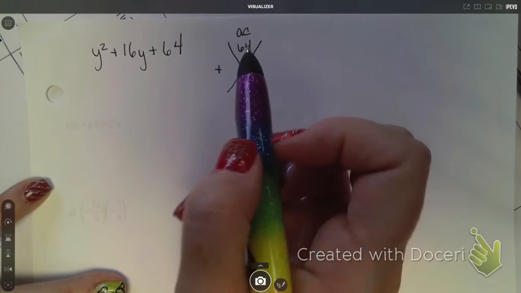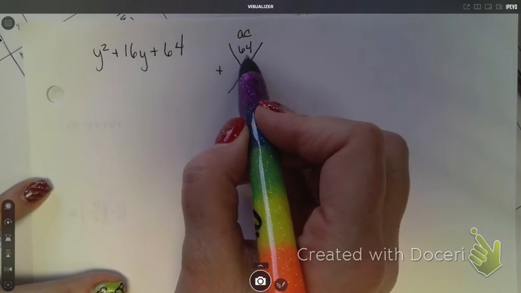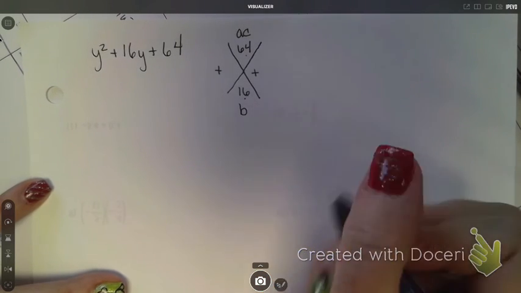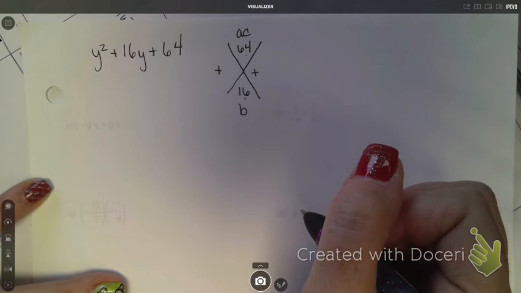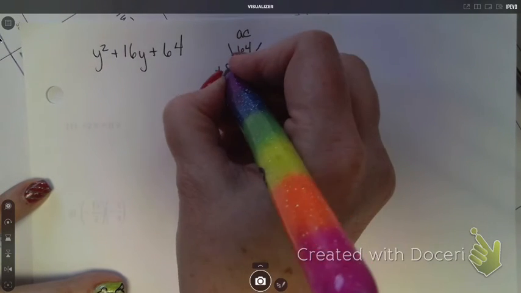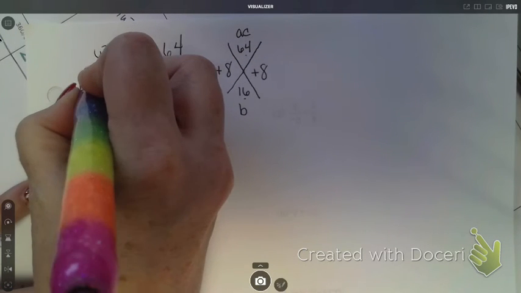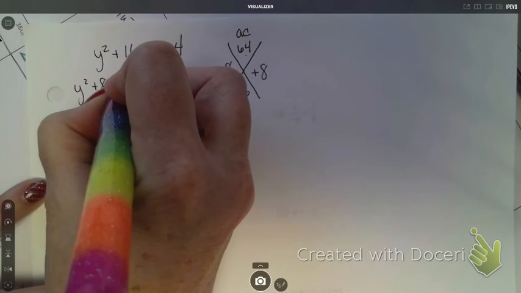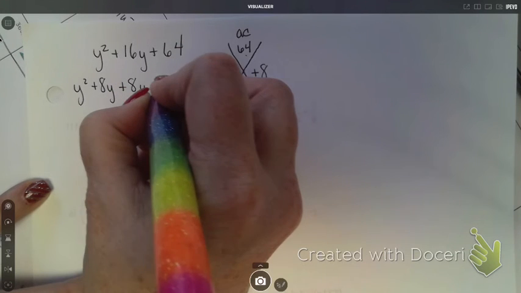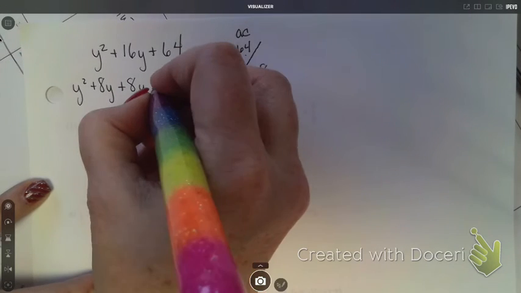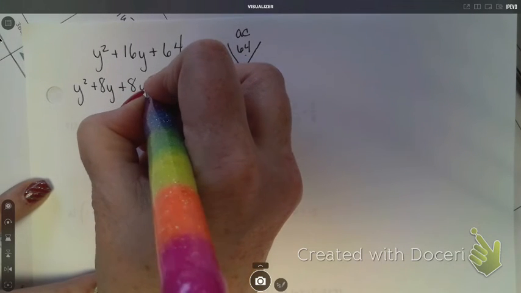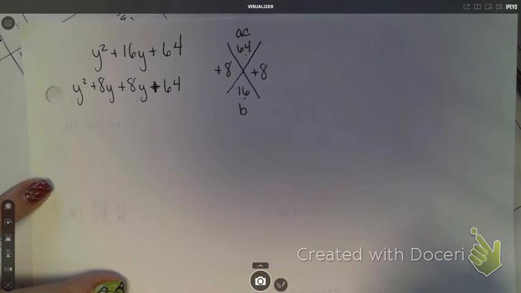So then, the factors of 64 that add to 16. 8 and 8. Okay, so y squared plus 8y plus 8y plus 64. We all good? Okay. So now what?